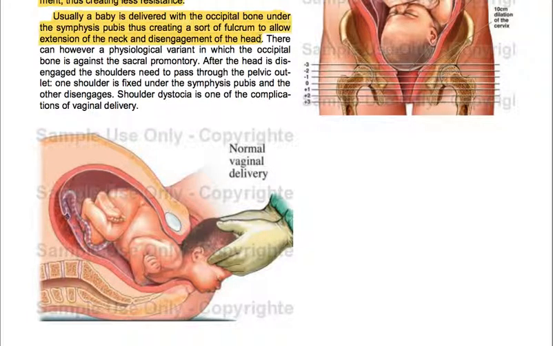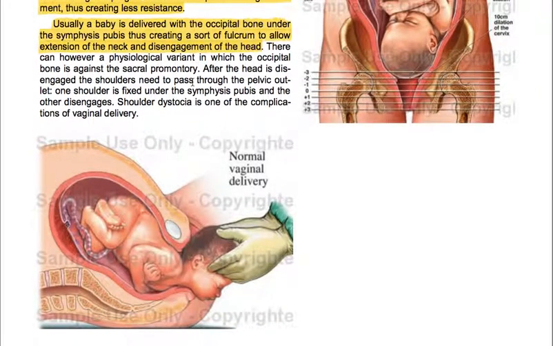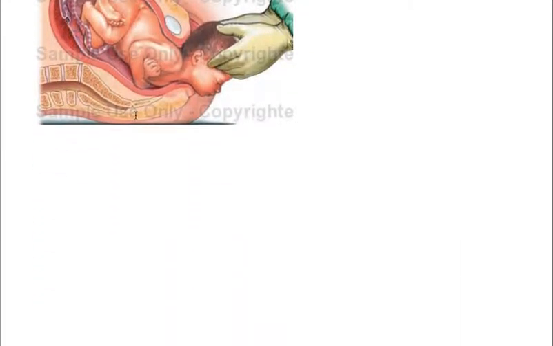There can, however, be a physiological variant in which the occipital bone is against the sacral promontory. After the head is disengaged, the shoulders need to pass through the pelvic outlet. One shoulder is fixed under the symphysis pubis and the other disengages. Shoulder dystocia is one of the complications, in fact, of vaginal delivery, so pay attention also to the shoulders.